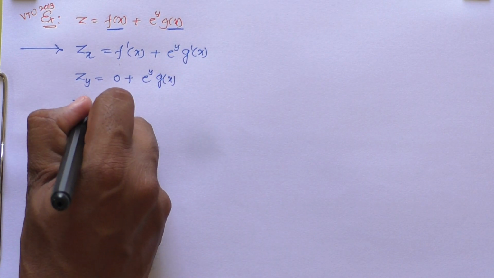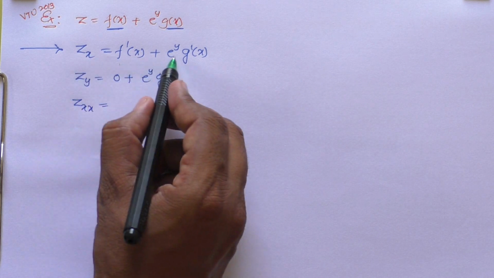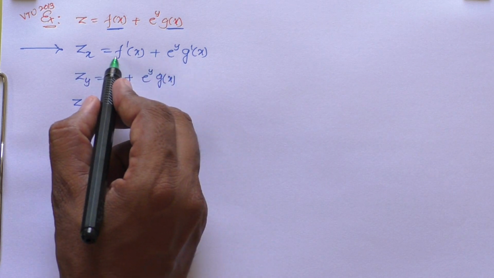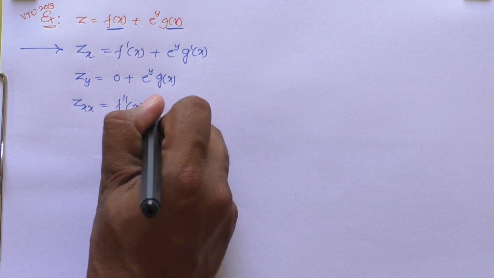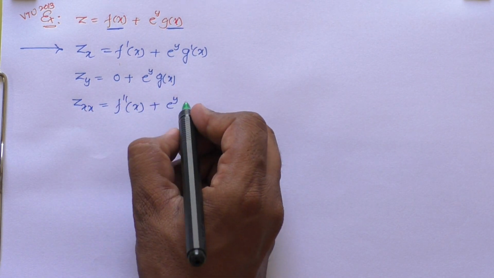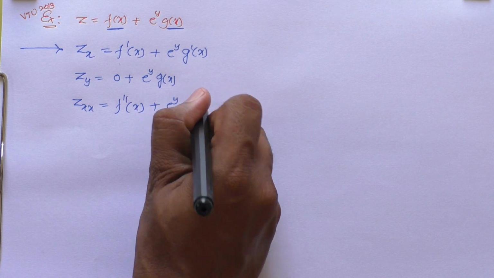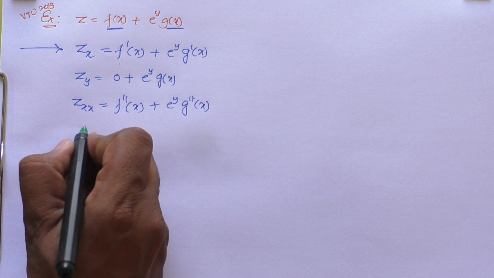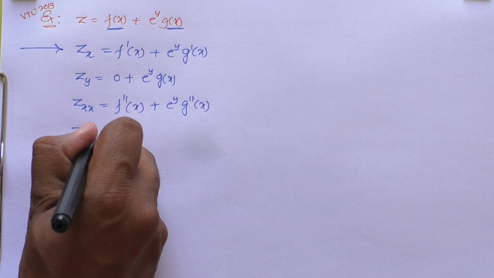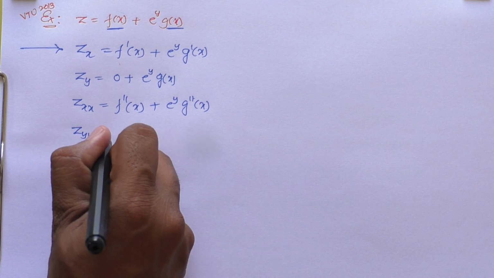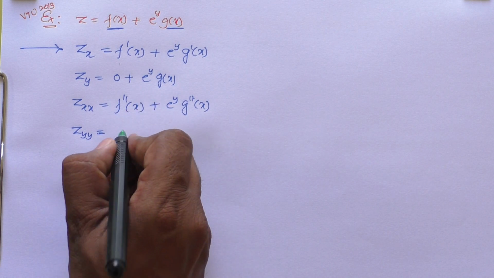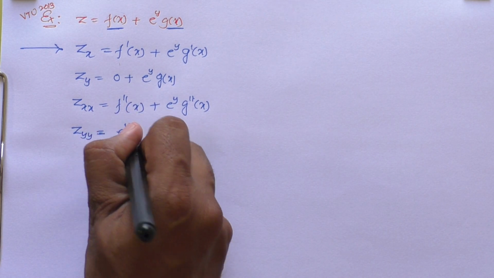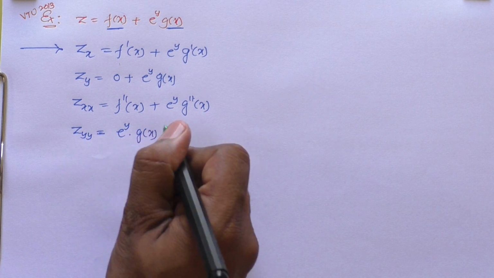Now zxx, whatever zx you got, differentiate with respect to x again. So f dash differentiation f double dash x plus e raised to y, constant multiple, g dash differentiation g double dash x. Now zyy, zy differentiate again, so e raised to y differentiation e raised to y g of x multiple as it is.